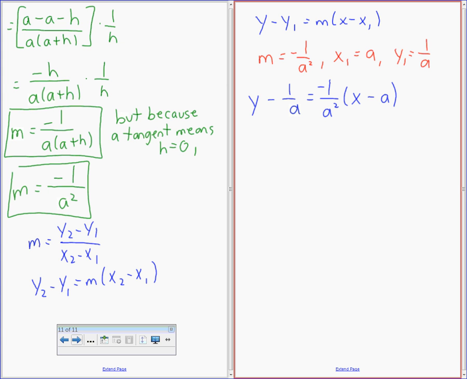I don't like brackets. Joe, can you be brave, please, and distribute? Okay, it's negative 1 over a squared x. Oh, it's plus 1, okay, so plus 1, plus 1.